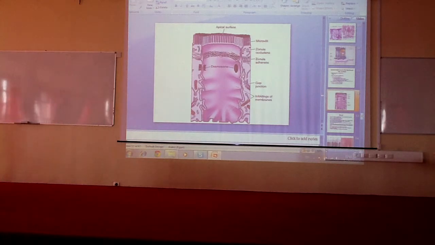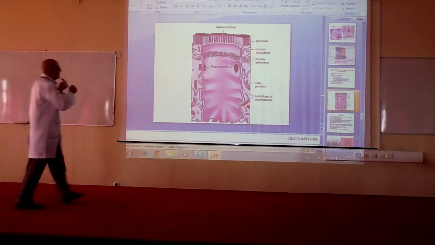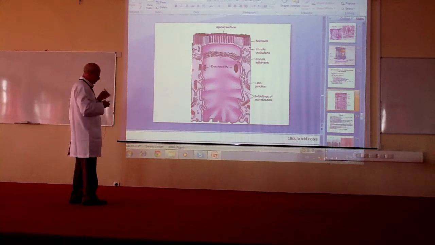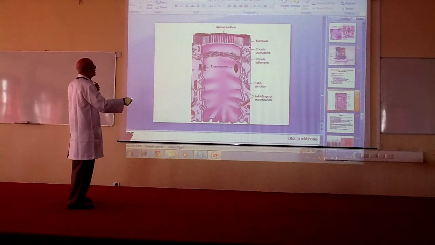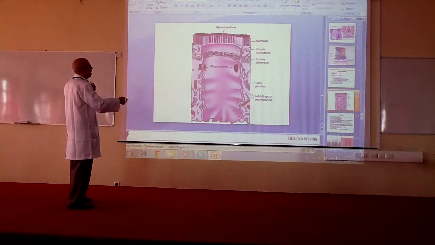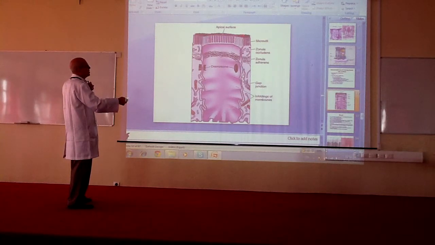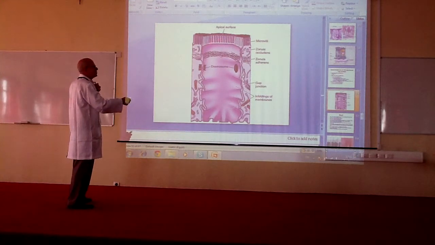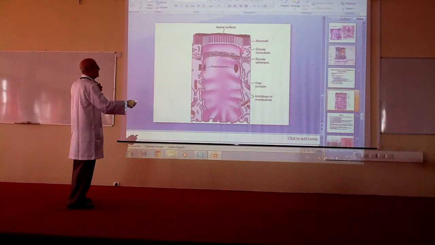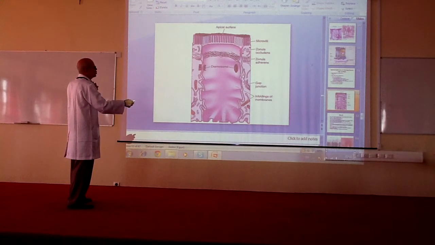This is a cell. What are these? Apical microvilli. The great number indicates what? The brush border. What is this junction? Occludens. The space between the cells is closed.